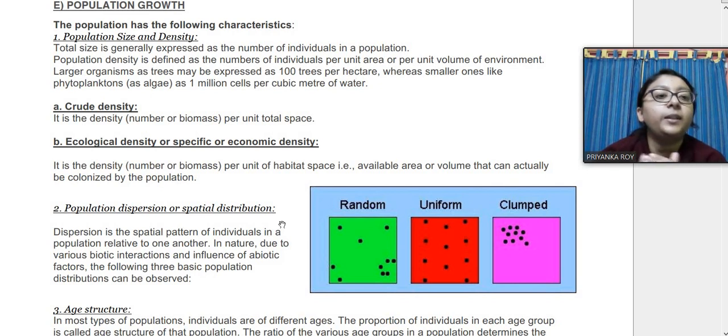And then we consider the density. So that is the ecological density, or the specific density. But if we do not do this deduction, and we consider the total area of the forest as the total space, and we divide the number of organisms by this total space, then we get the crude density. So this is the difference between crude density and ecological density.